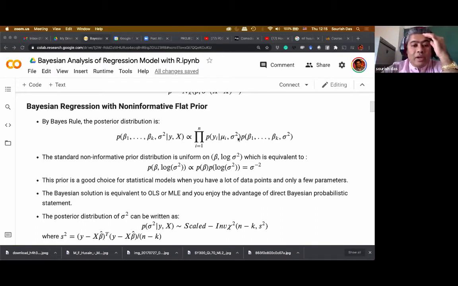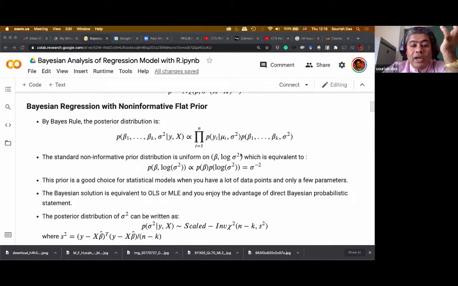So if I take the log of sigma square, then I don't have to worry about the R plus. Now when I'm writing this beta, it is a vector of beta 1 to beta k. Probably I will do some notational juggling here, but anyway, beta 1 to beta k and log of sigma square will always be between minus infinity to infinity. So that's not an issue.